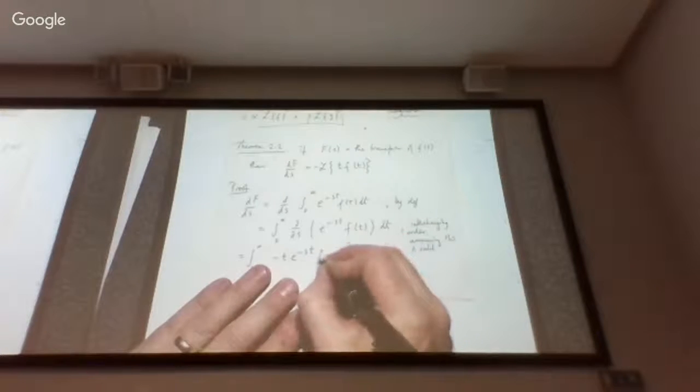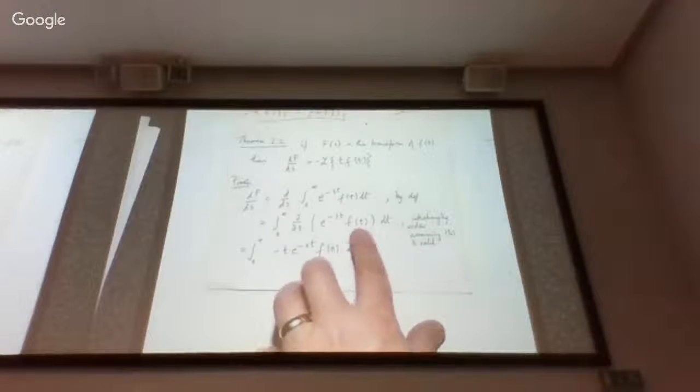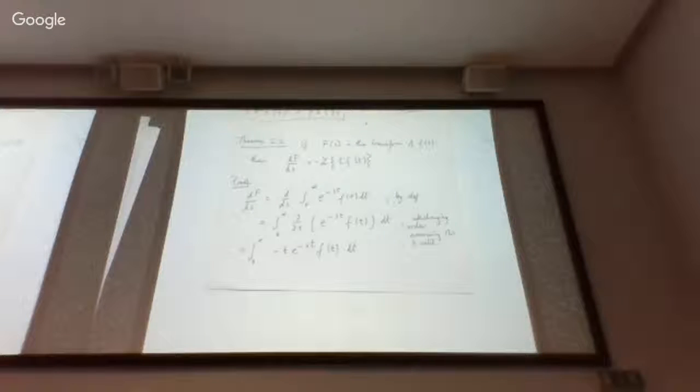And the f of t is still sitting there, multiplying it. t is independent of s, so this is just like a constant multiplying the exponential.